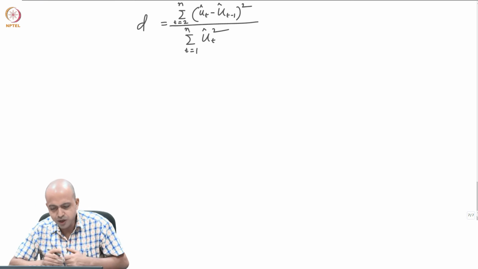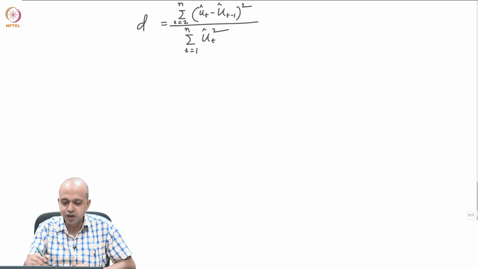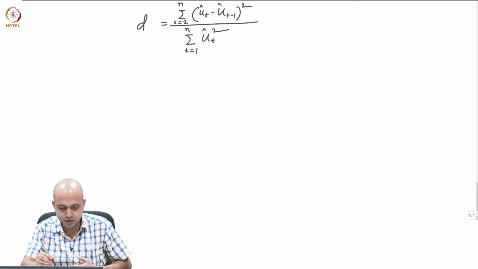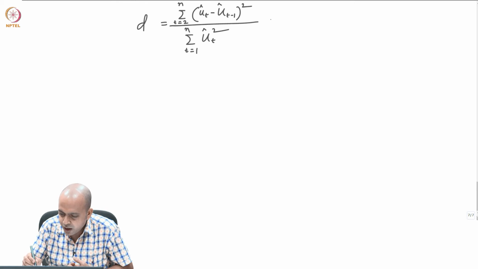Now, see the numerator here, the observations are 1 less than the total. Why? Because while taking the difference, one observation is lost. That is why I am saying t runs from 2 to n, while this is 1 to n. Then if you expand this, what you will get?